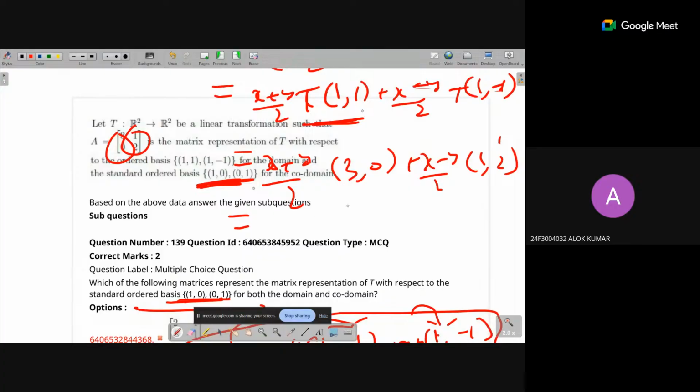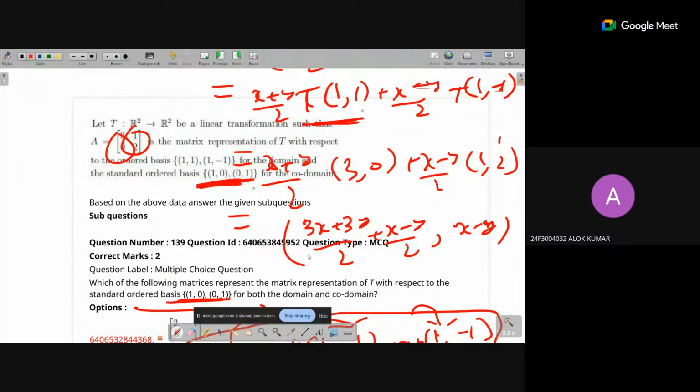Now if you want to write the transformation of (x plus y) by 2, you can write it as 3x plus 3y by 2 plus x minus y by 2 and 0, and then you will get x minus y by 2, so x minus y.